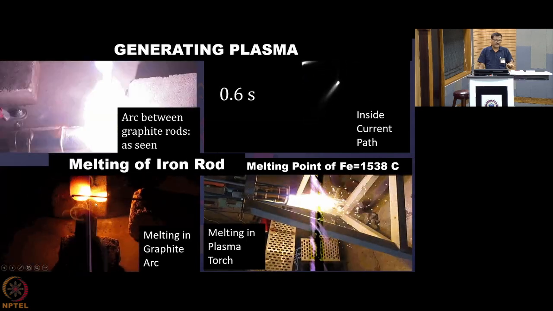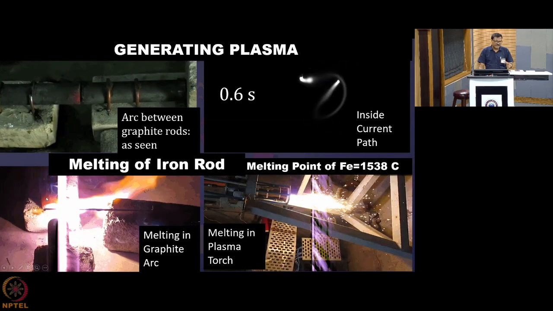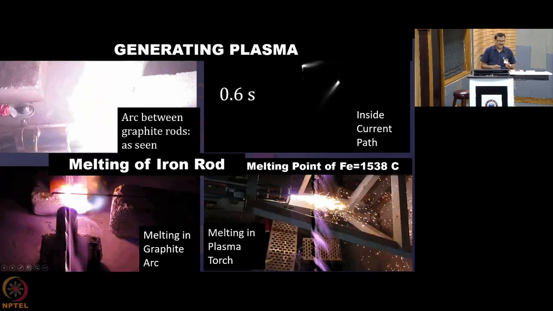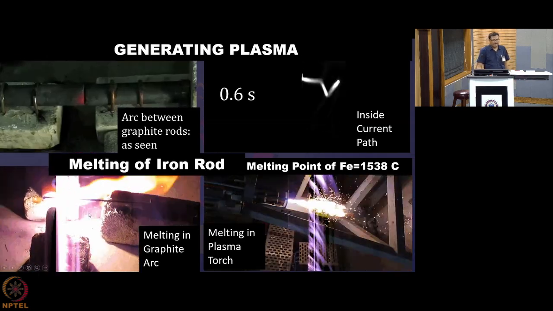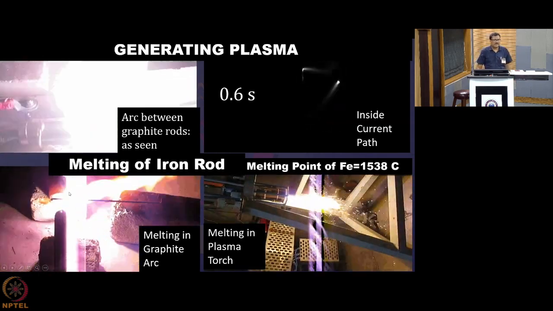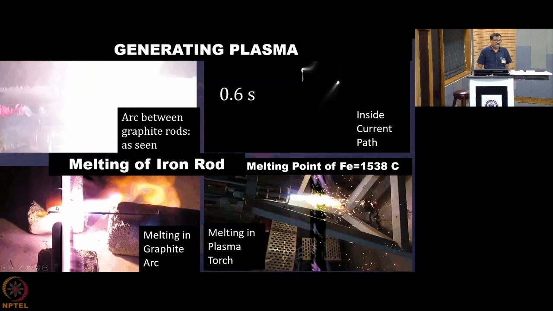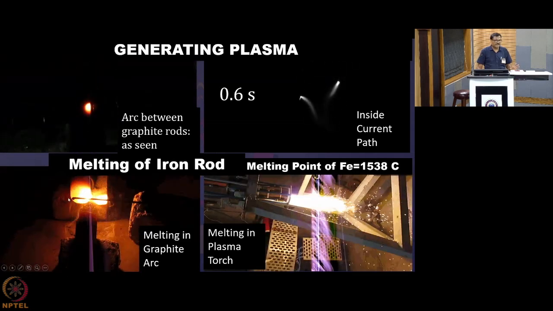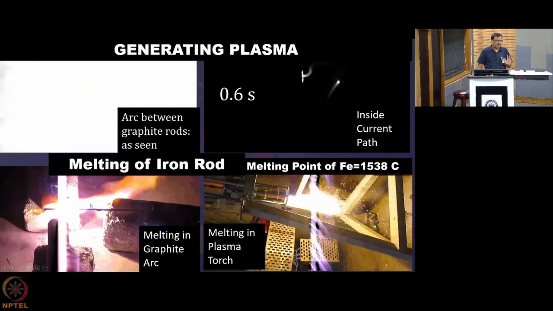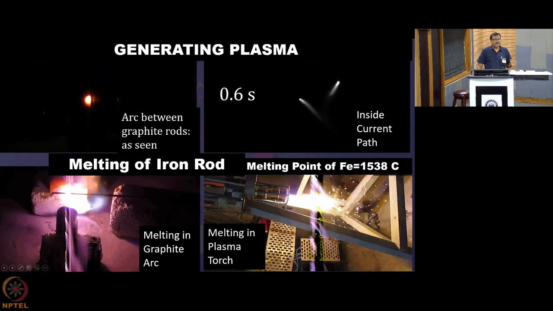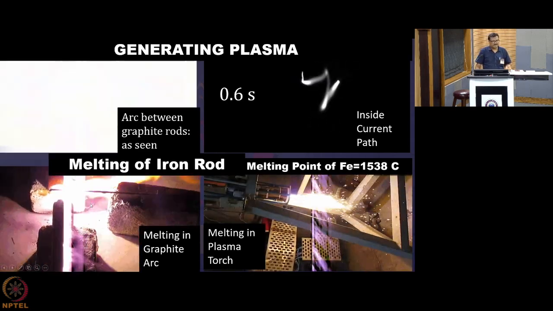Anyway, I have put that iron rod inside, and the flame is running, and you will see that after the arc is over, it was never able to melt that iron rod. At most it is making it red hot, but not able to melt it. So it is not able to reach that temperature.